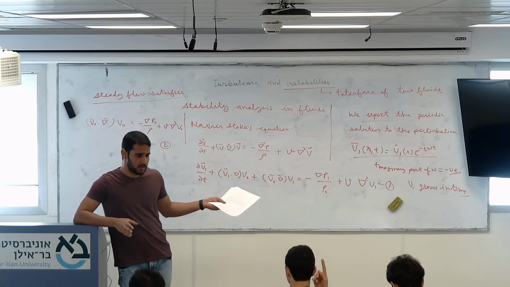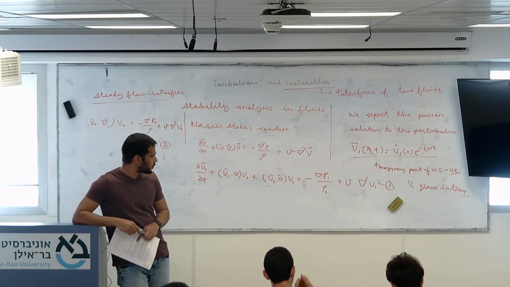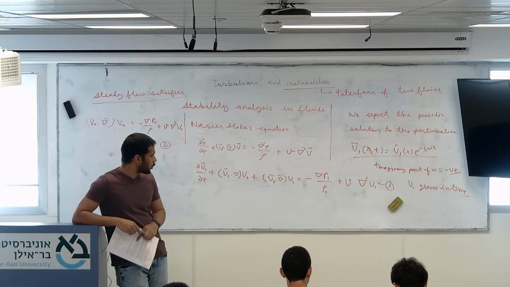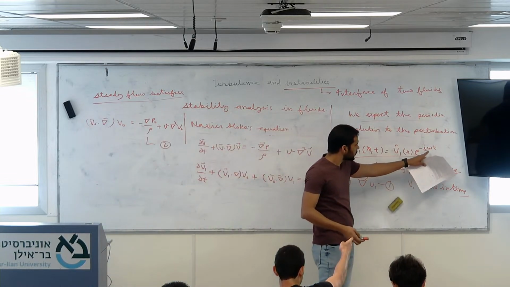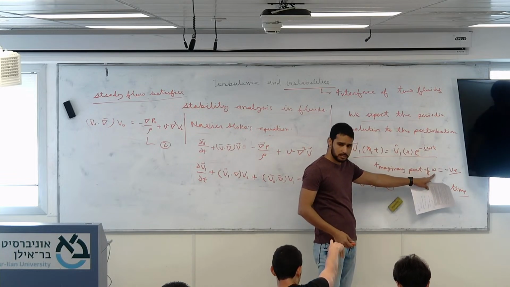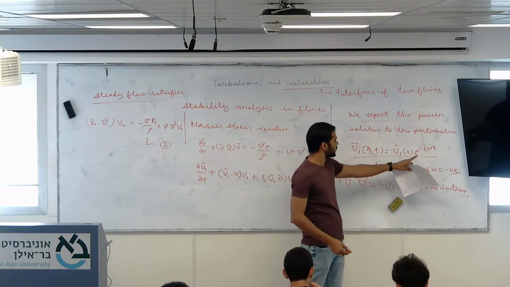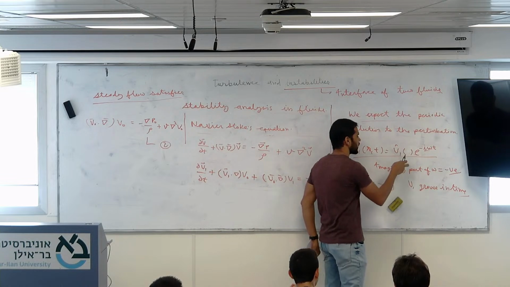Is there a reason that here omega is capital and there it's not, or is it the same? Omega is omega. Well, you have omega in the exponent and omega here in the V1. No, is it R? This is R. This is space.